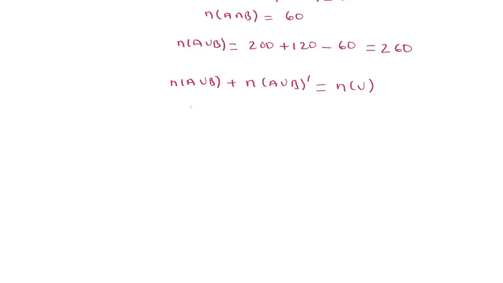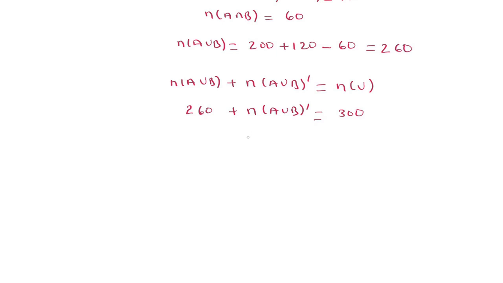Then we are having 260 plus number of A union B complement equals 300. Now let us make number of A union B complement the subject.